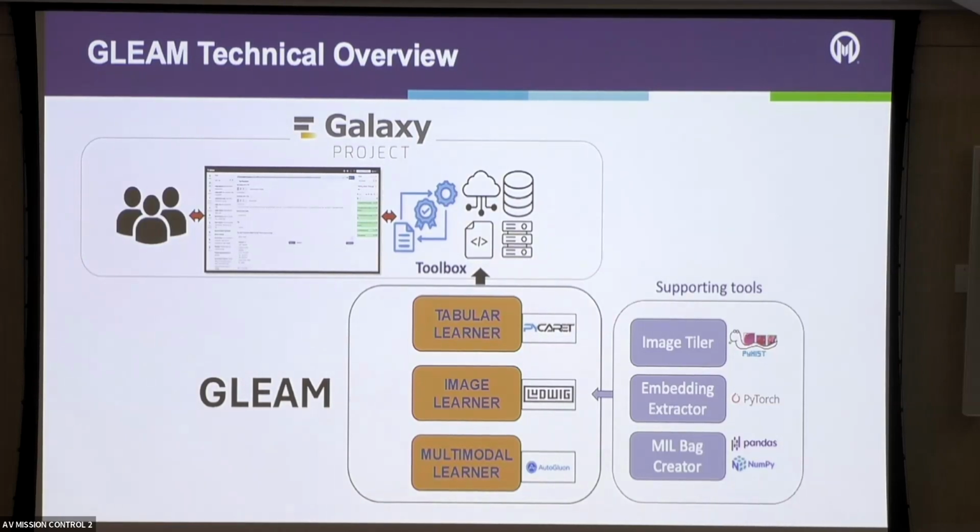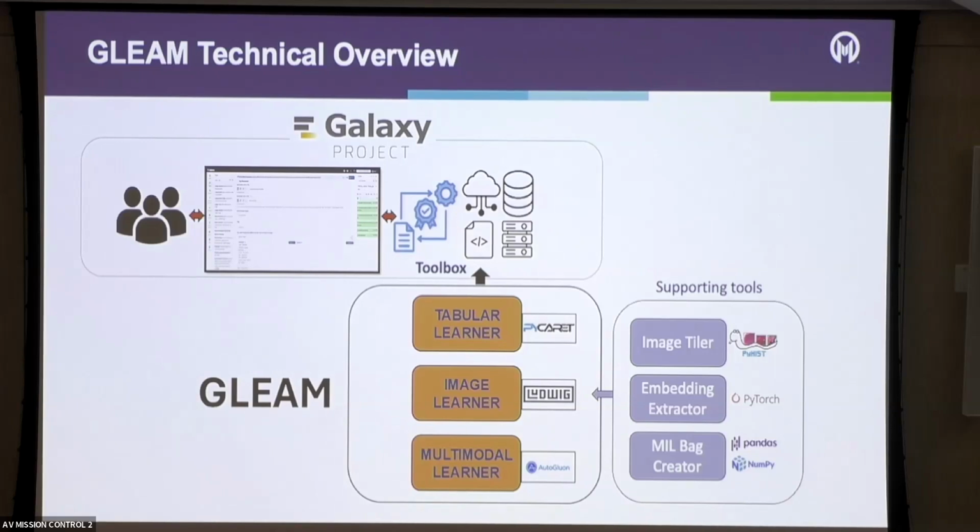Here on your right, you're seeing some supporting tools because we figured out that some researchers work with digital pathology and they need some pre-processing on their image data sets before they can input them to GLIM. So that's why we have also shipped these supporting tools along with GLIM.